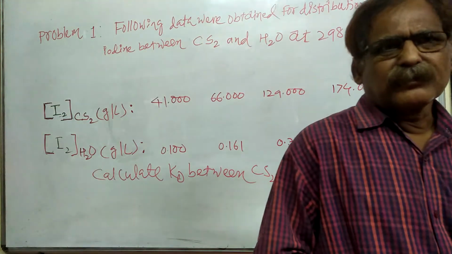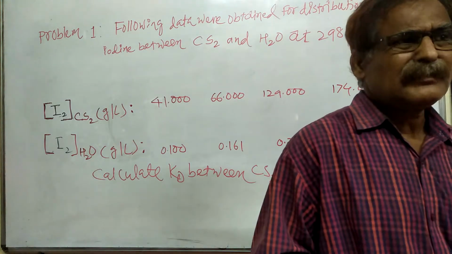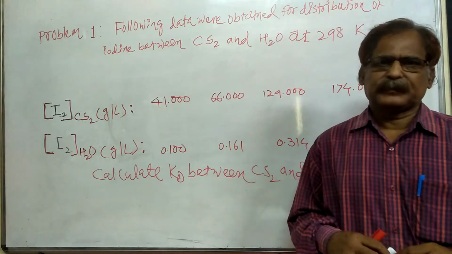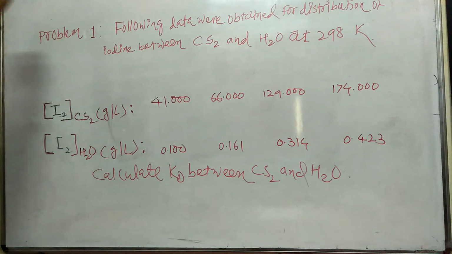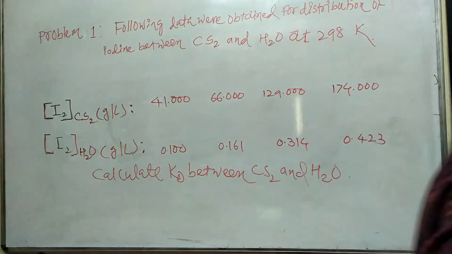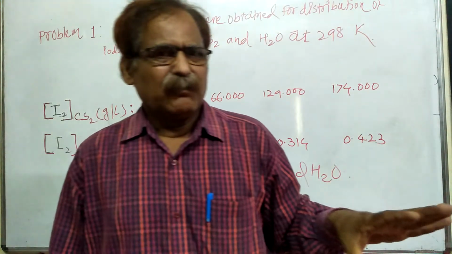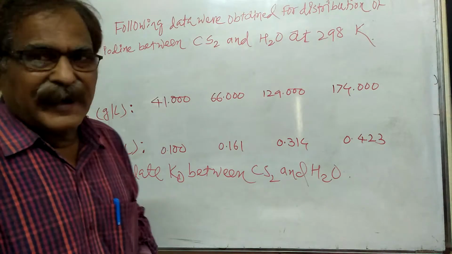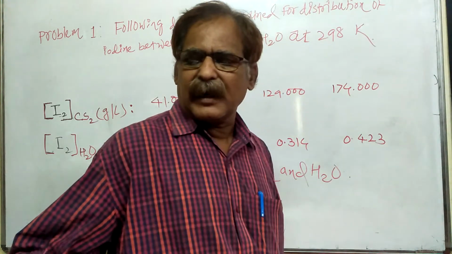So let me tell you the hidden things in these numerical problems which we must know at first. When we read this numerical problem, we will see that whatever data is given is data obtained in an experiment performed under identical conditions at 298 Kelvin.